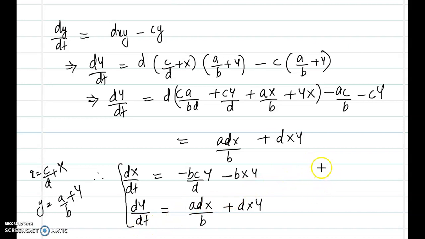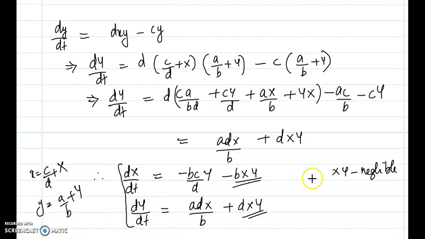Now let us take the deviations X and Y to be really small. When they are small, the product XY will be almost negligible, so we can omit this term. When we omit the term containing XY, we will get dX by dt equal to minus bc by d into Y and dY by dt equal to adX by b, which is linear.